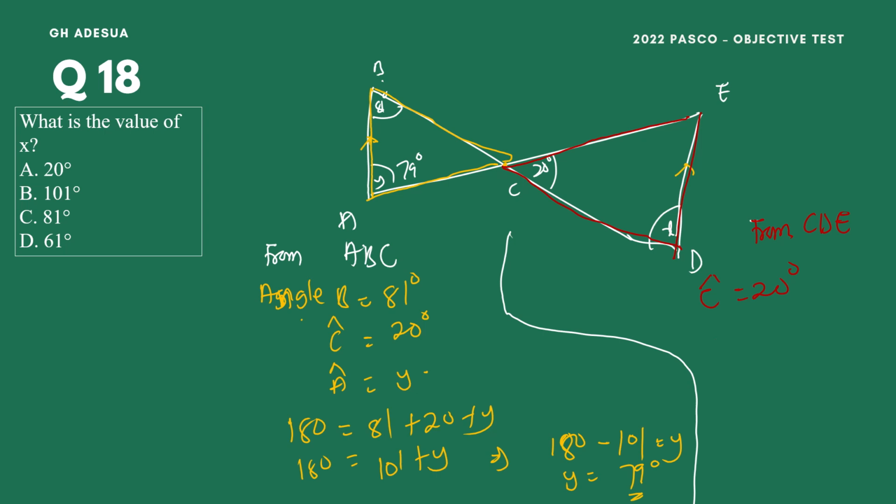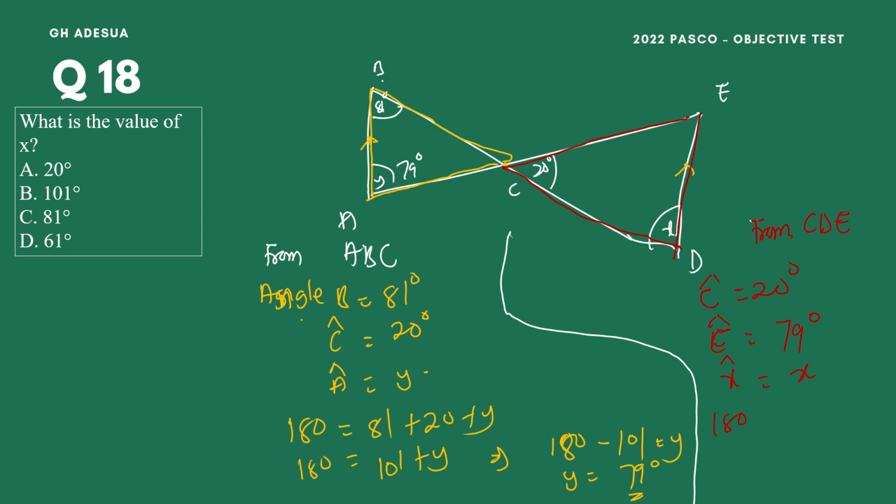So we have angle E as 79 degrees. Then we have our final angle, which is angle D, also given as X. So X is what we have to look out for. If we consider the same thing as a triangle, all the angles within sum up to 180.